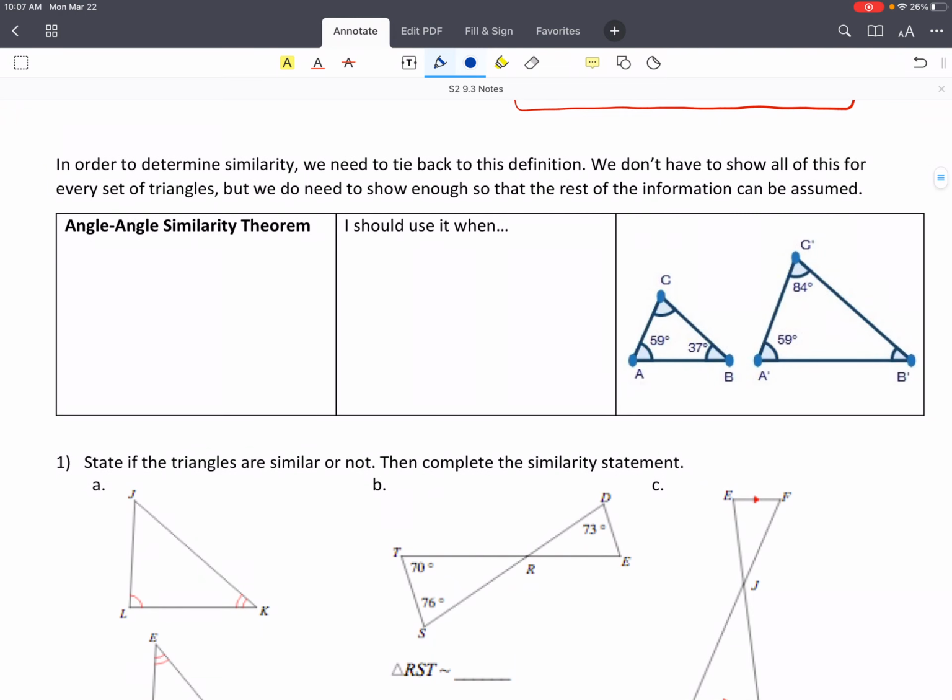First is angle-angle similarity, and this just means if two sets of corresponding angles are congruent, then the triangles are similar.